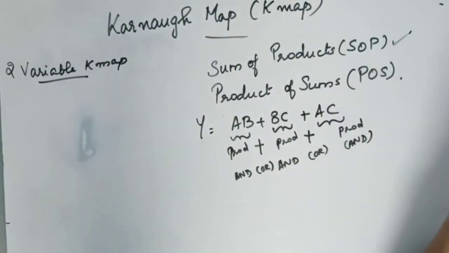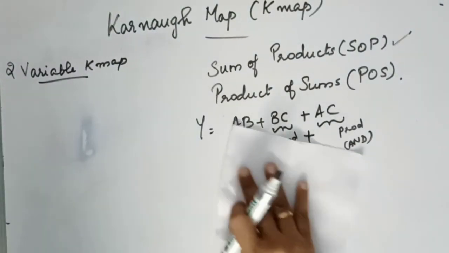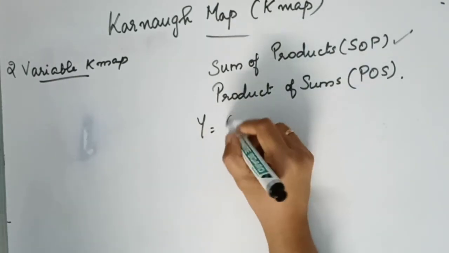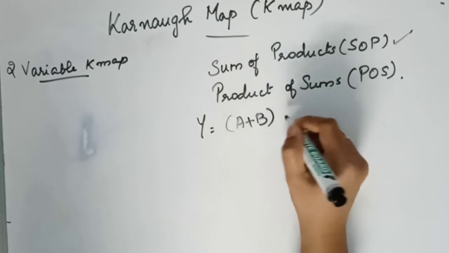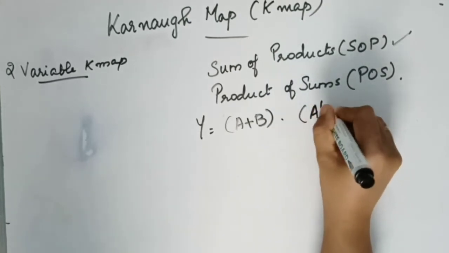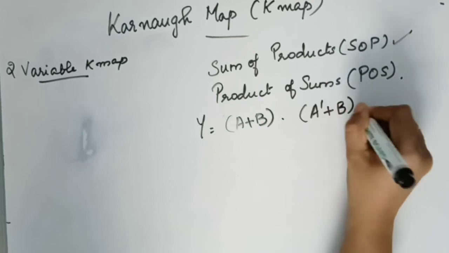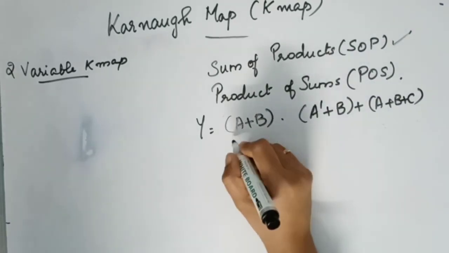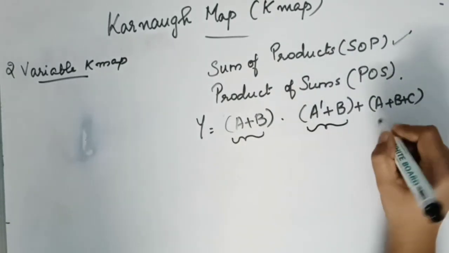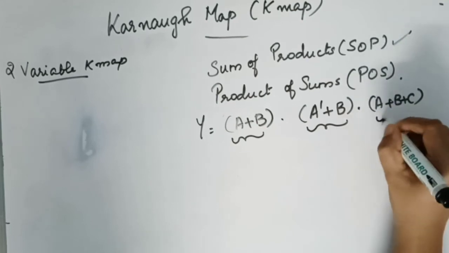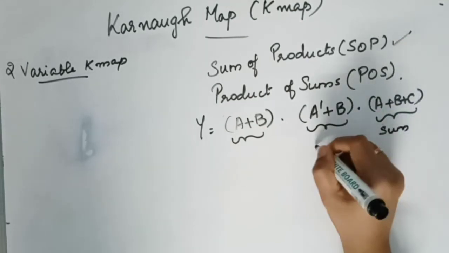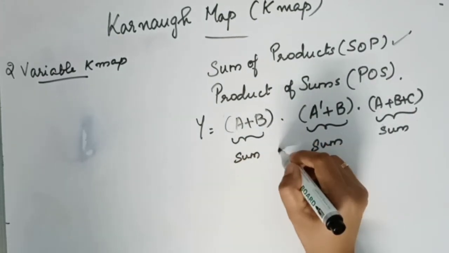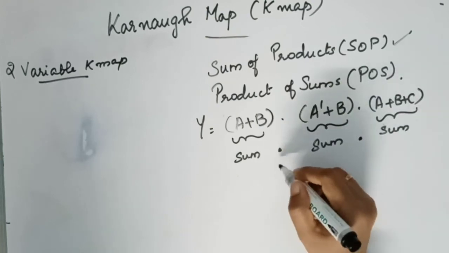And if you have an expression in the form of, say, a plus b into a bar plus b into a plus b plus c, something like this, here each term is a sum, and you are taking the product of these sums.